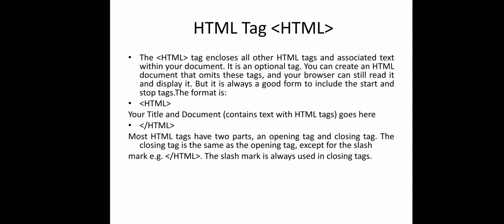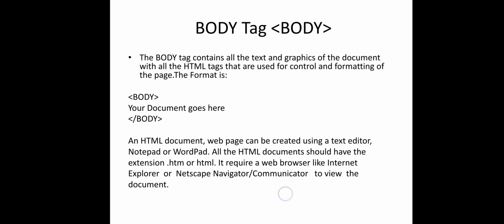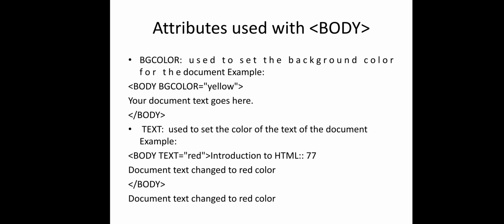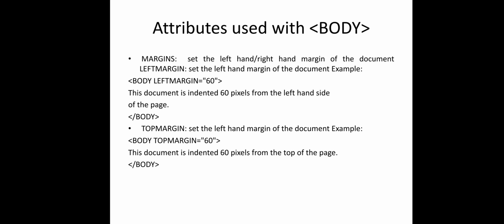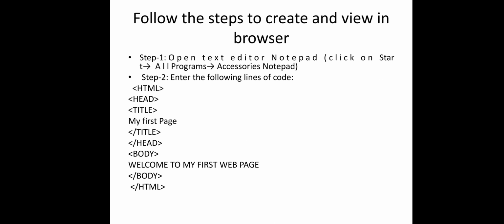So there are many tags like html, head, and body. Then there are many attributes used with body, such as background color, text, file name, etc.